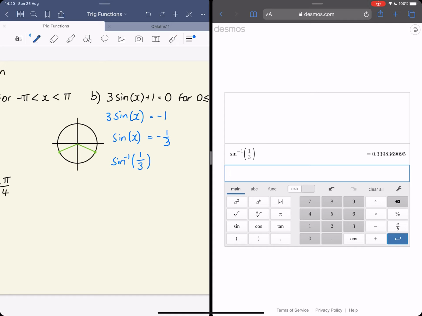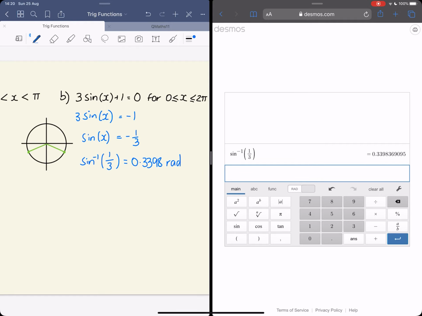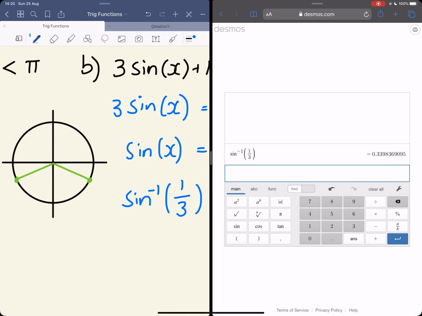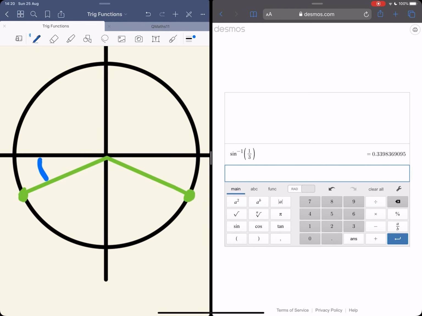So let's go ahead and write that. That'll give us 0.3398 radians. What we can do from here, because we used the positive value, is say this here is 0.3398 radians.